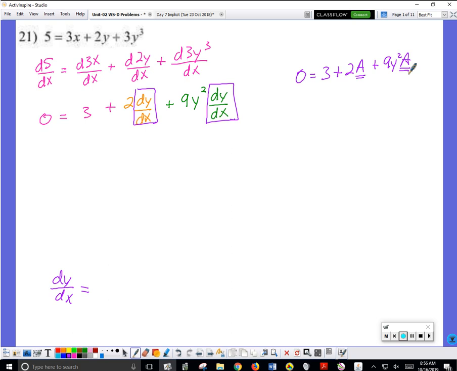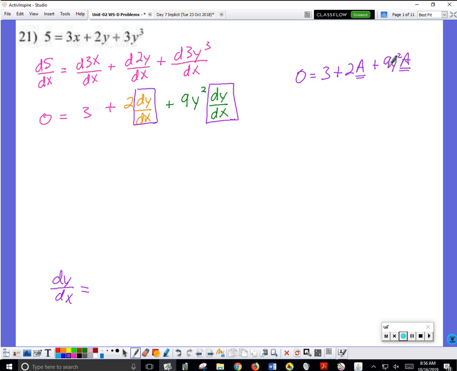We want an equation that says dy dx equals, and we just do some algebra. I changed dy dx to A only because I was hoping to write something that feels more familiar, but it's the same thing.